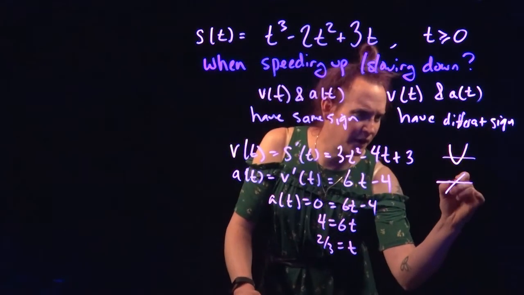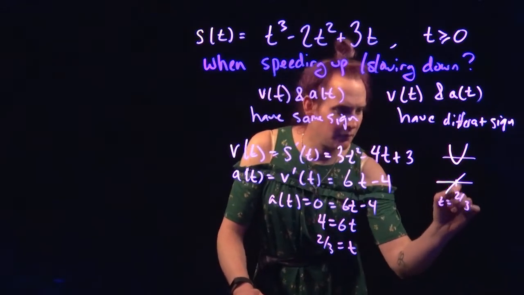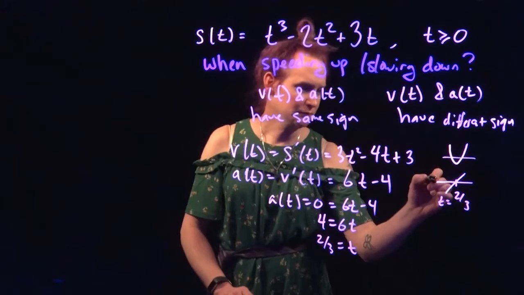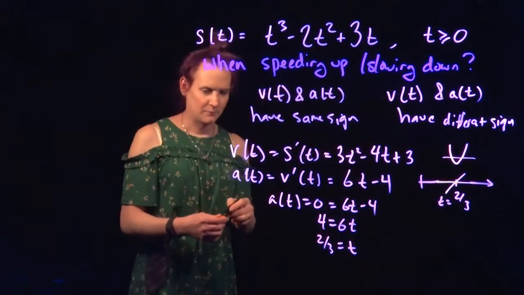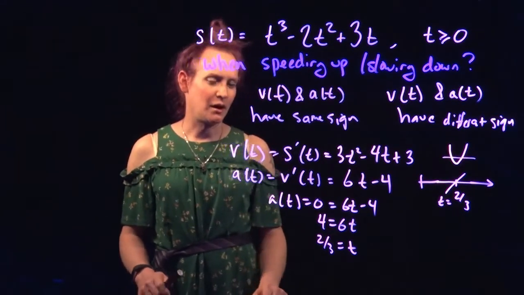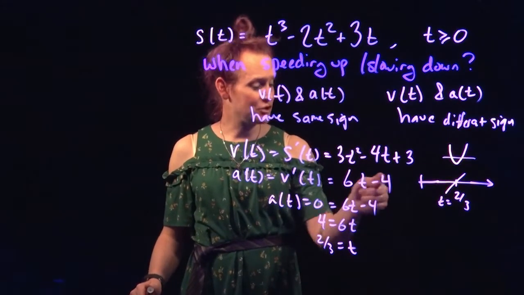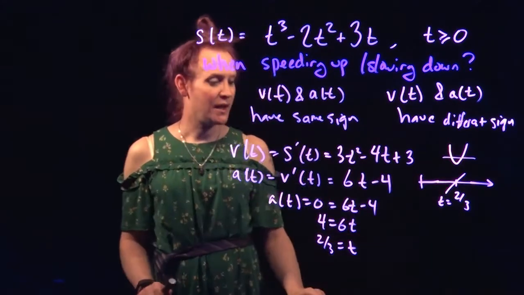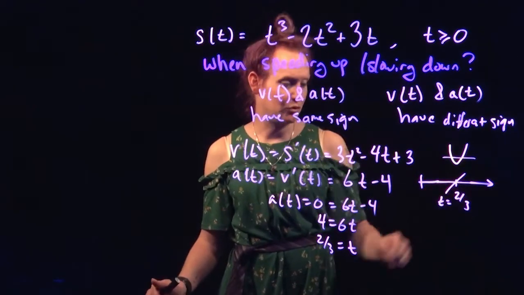So this value right here is 2/3. I know that the particle is undergoing negative acceleration until time 2/3, and positive acceleration after 2/3.